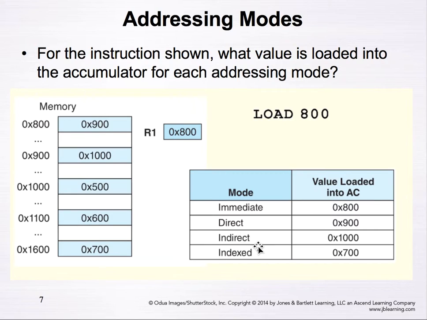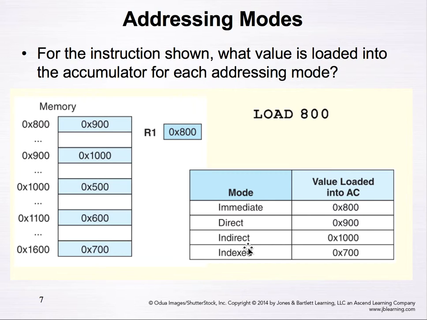On the other hand, in the indirect mode, the address field contains the address of the actual operand. So in this one, let's treat it as a pointer.